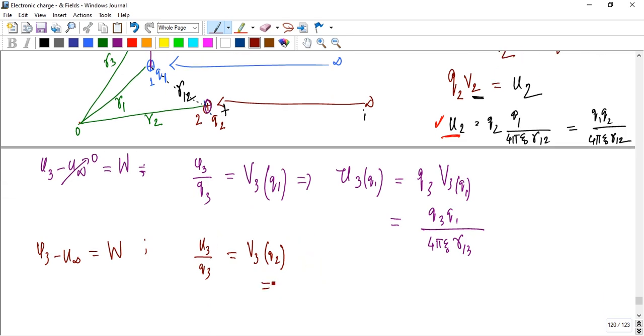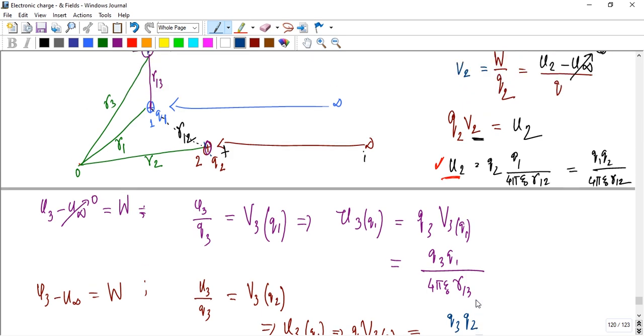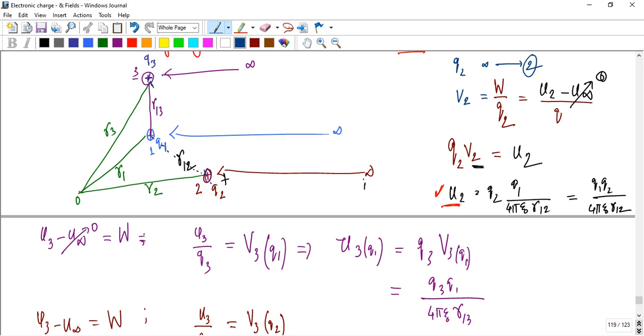So U3 due to Q2 is V3 times Q3, cross multiplied. So we get V3, the potential, which we know is independent of the test charge, so that is Q2 over 4 pi epsilon naught times the distance between these two. That gap is, suppose, R23.